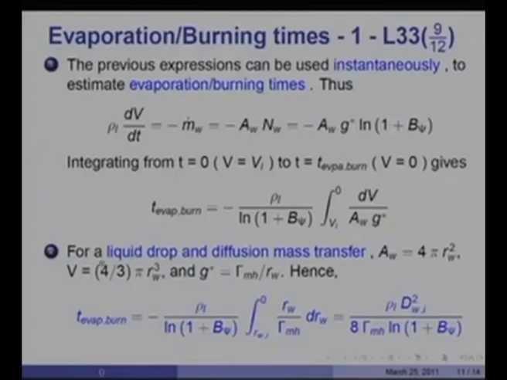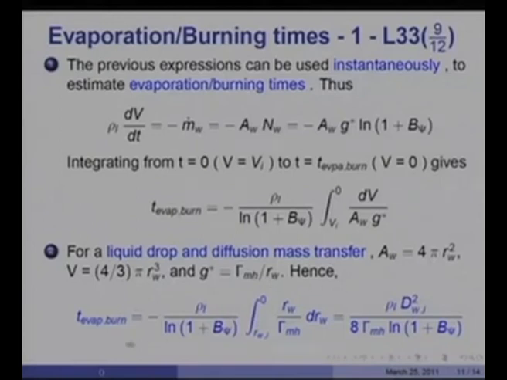Now, let us say we are considering a liquid droplet and diffusion mass transfer, that is gamma T is equal to 0. Then A w will be equal to 4 pi R w squared, V will be 4 by 3 pi R w cubed, and G star will be gamma h by R w, as you will recall.